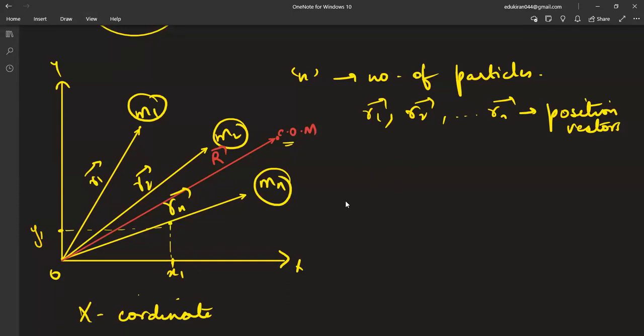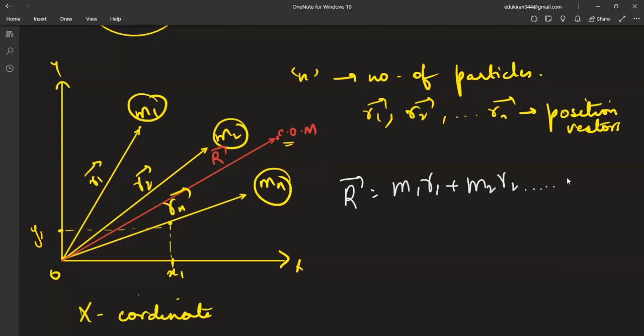So remember, the formula goes like this for every point. M1 into R1 plus M2 into R2. Fine. Then keep on, plus M3 into R3 plus M4 into R4 plus M5 into R5, like this.